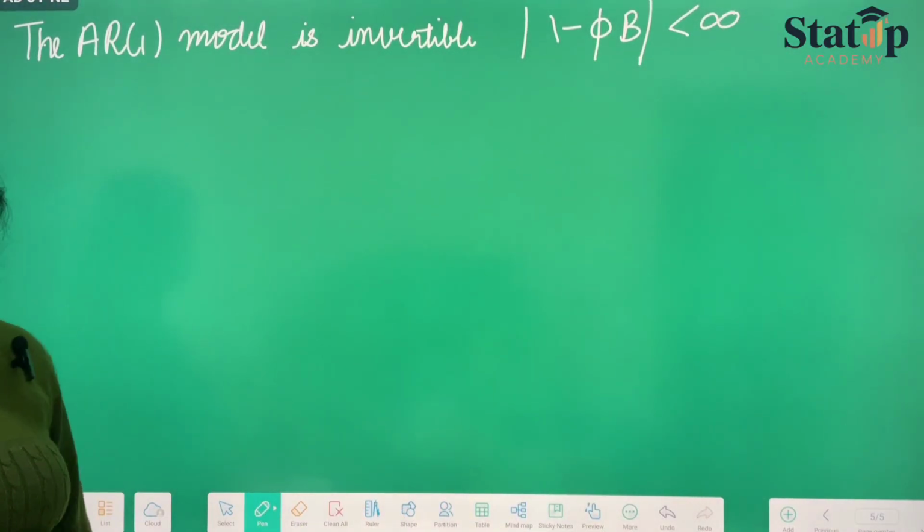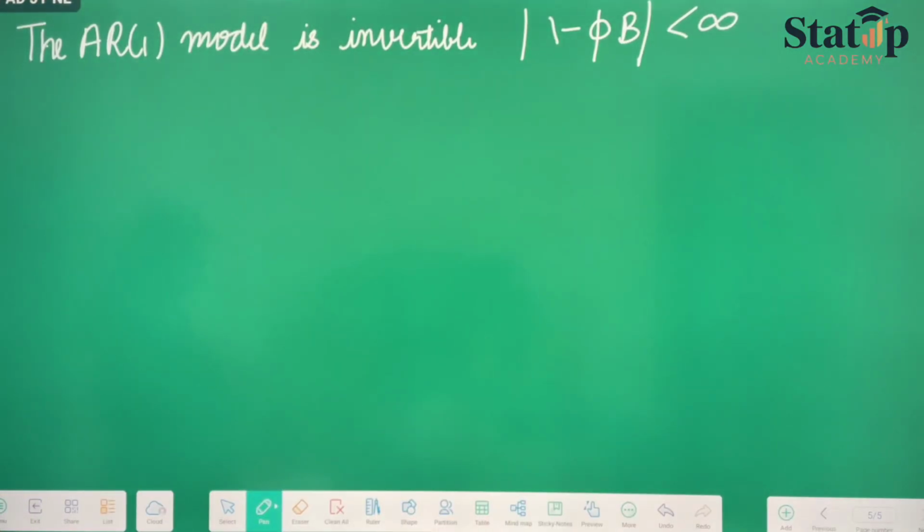So invertibility and stationarity both we have done.